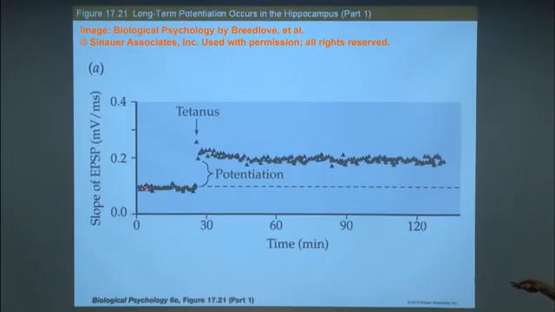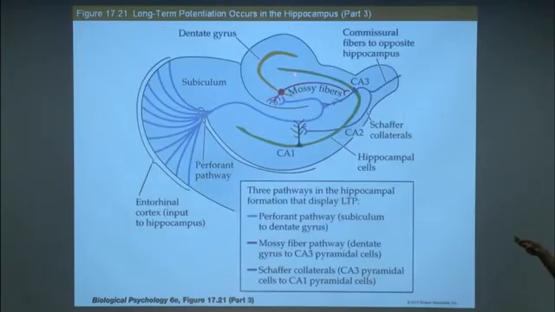Now here, what we're looking at is the slope of the EPSP in millivolts per millisecond, and low slope down here. This is a slope in response to just a single stimulation. So single stimulation in the mossy fibers, right here, stimulating here, single stimulation, recording here, looking at the population EPSP in CA3.